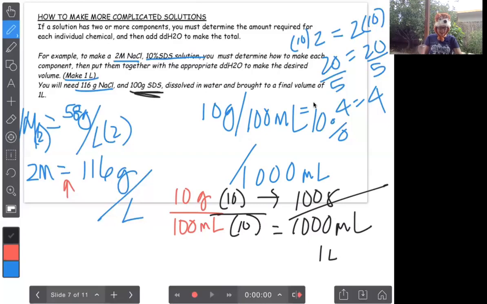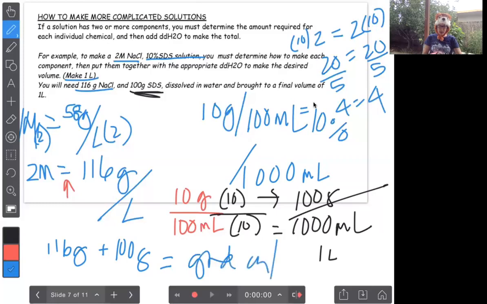So then we put in this 116 grams of salt, and then we put in the 100 grams of SDS and the graduated cylinder and bring it up to that 1 liter. And so now we have 116 grams of salt, which is 2 mol per liter, which we already determined was 2 molar.